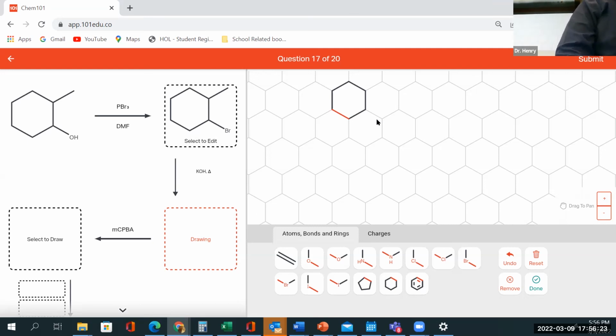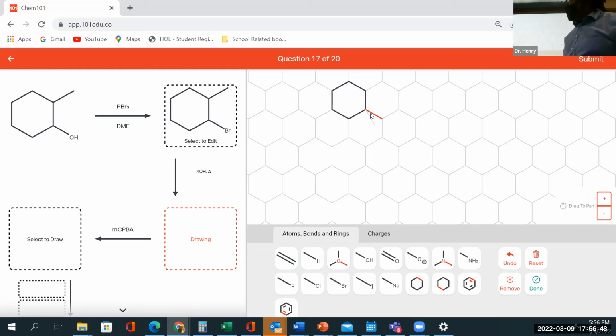There's a handout I gave you guys. So for a strong base and an alkyl halide, then what was that?